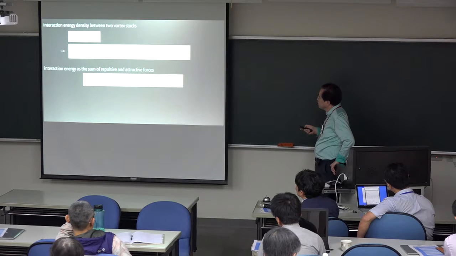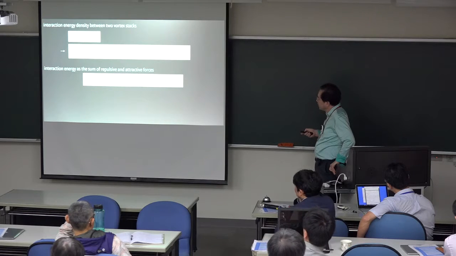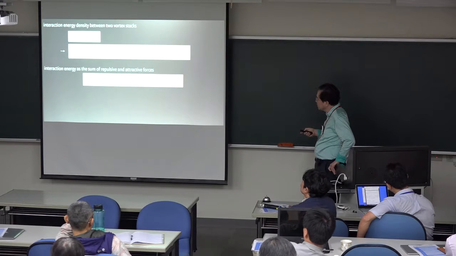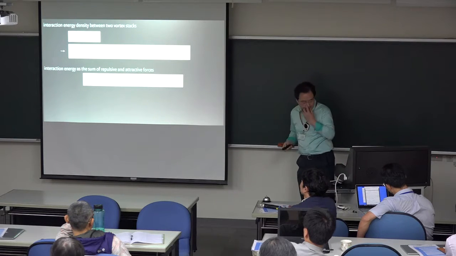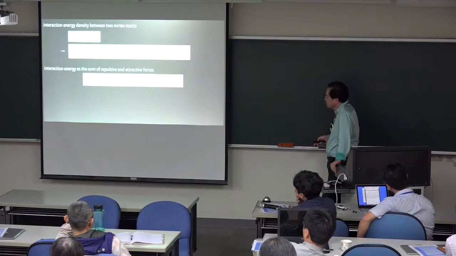So if we integrate out x and y, finally we have this expression, which shows that the Higgs interaction is attractive and the gauge interaction is positive, which means repulsive.